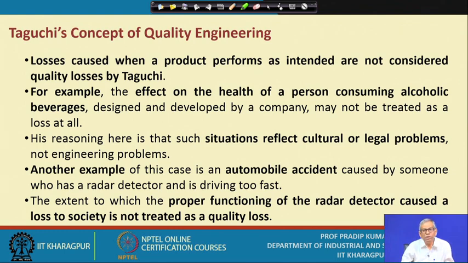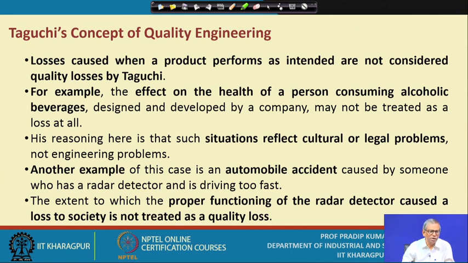It means the legal issues or the cultural issues, or ethical issues, must not be brought in. So our focus is on engineering problems, related to the engineering design, related to the engineering systems, and we will be identifying the loss.